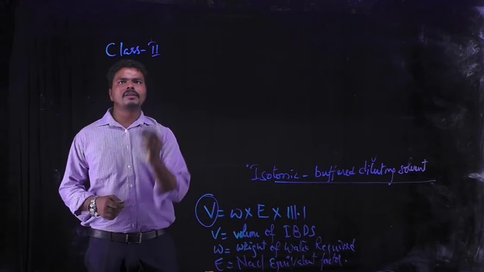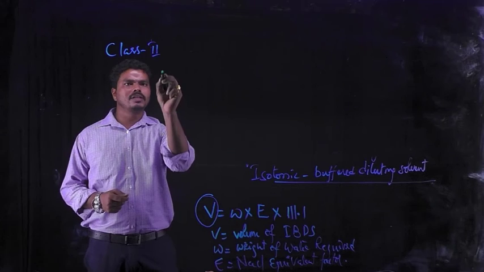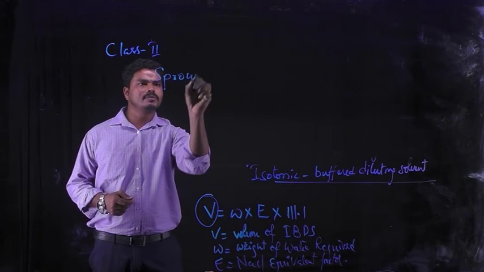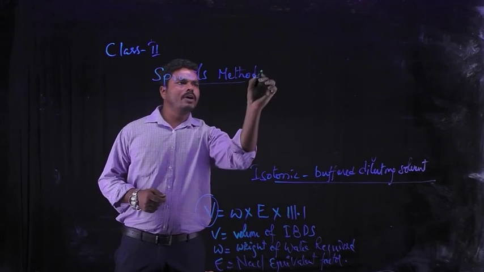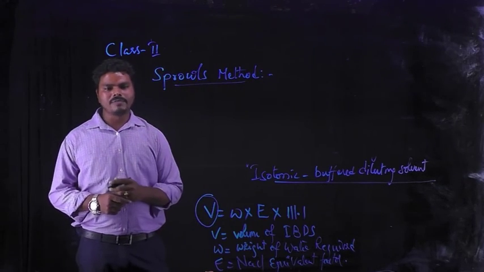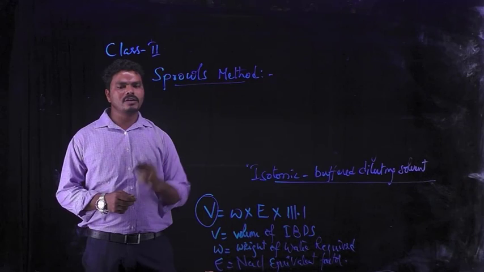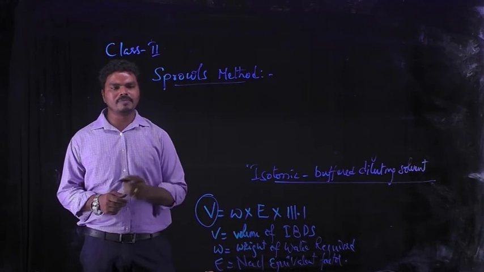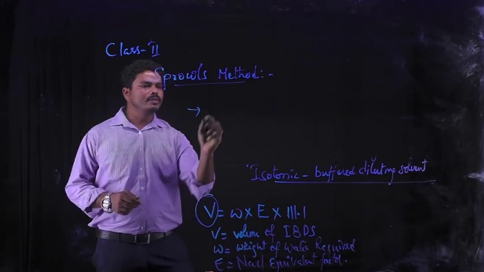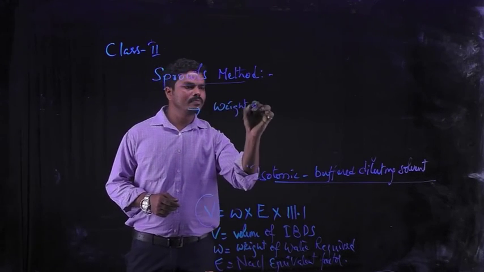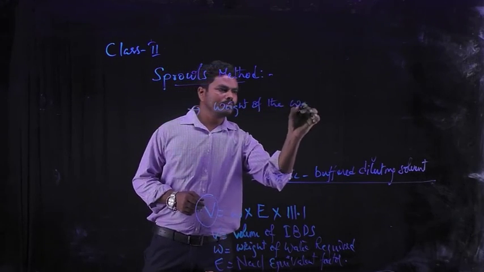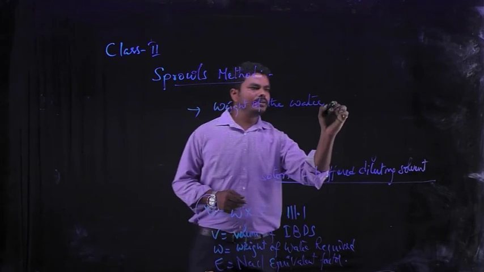In the second method under the class 2 methods, that is Sproul's method, which is the modified method of the White-Vincent method. In this, the weight of the water is kept constant.